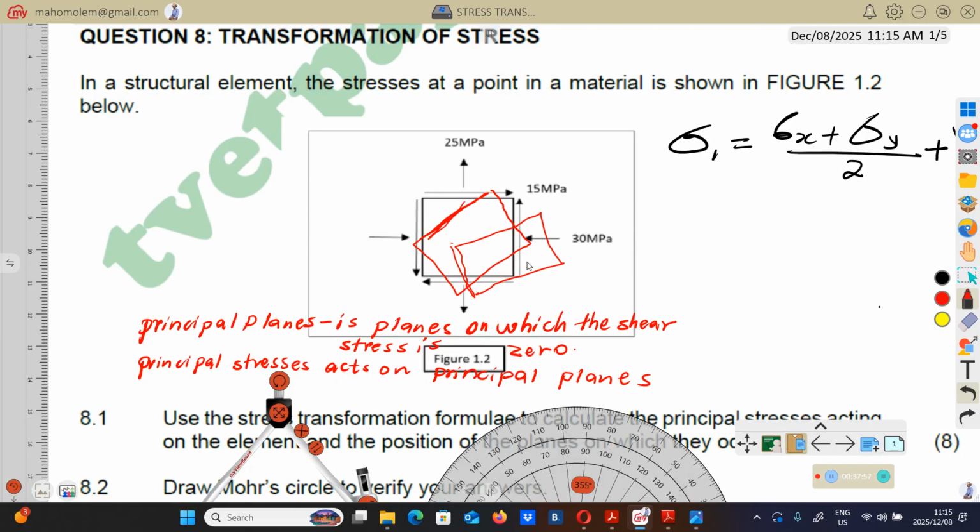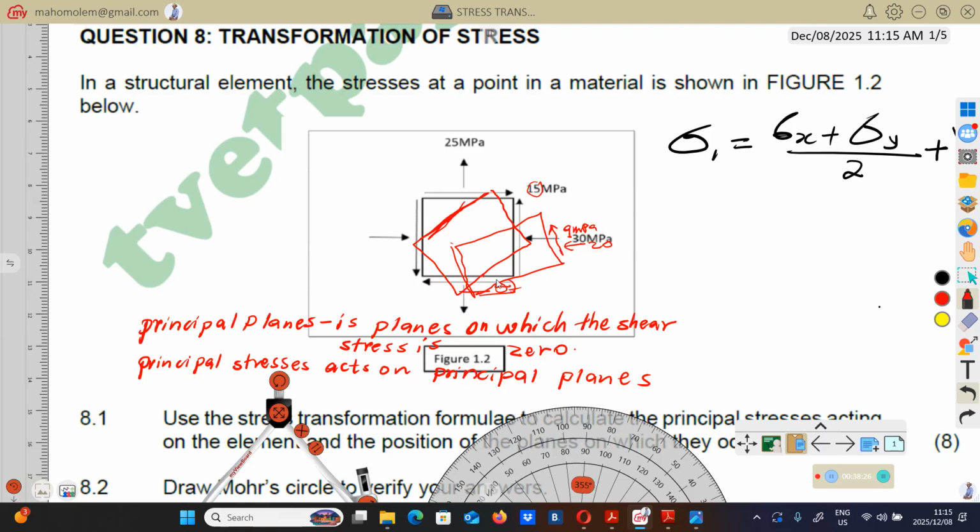When you rotate this element like this, the shear stress will no longer be 15. The shear stress maybe will get reduced to 9 MPa. Remember the shear stress is 15, then it will change from 15 to 9. Then this 30 as well will change from 30 maybe to 20 at this angle.